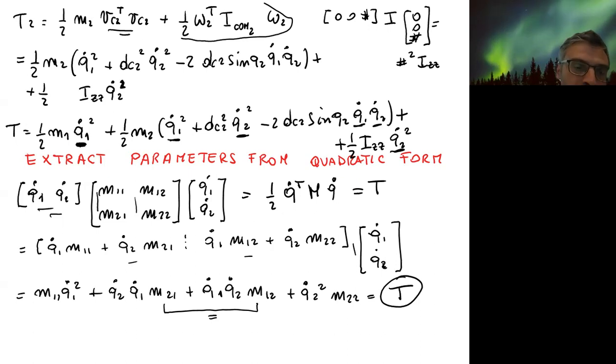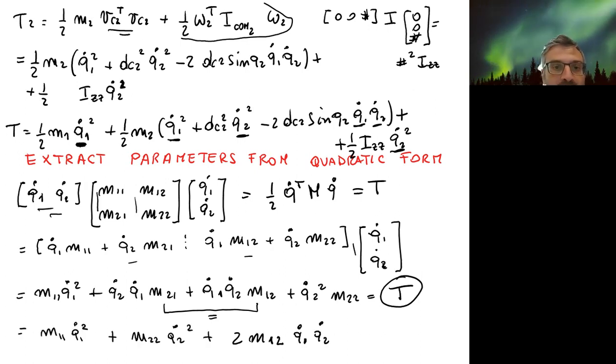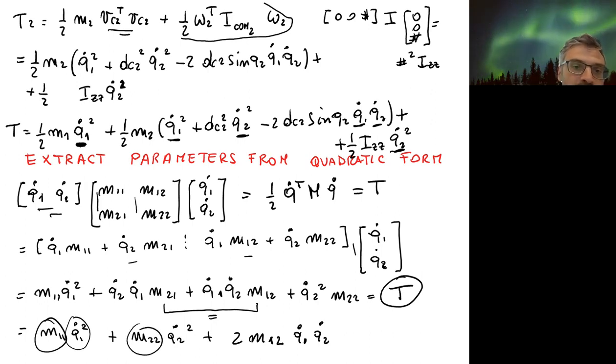And we can factor out the entries of the inertia matrix in the next slide. Alternatively, you can use the expression that we will use in another example with the Jacobians. It's your choice. If the problem is easy, maybe it's convenient to do it this way. So you get the entry M11 that multiplies Q1 dot squared, M22 multiplies Q2 dot squared, while the mixed term is related to the M12 or M21 entry.